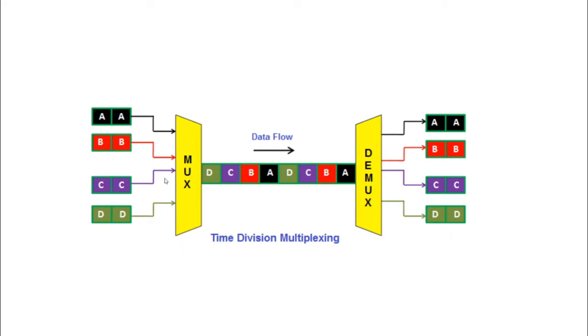What it does, in the first time interval it will allow A to pass. You can see this A is passing in the very first interval. In the next time interval B is allowed to send its data. Next C is allowed. Next D is allowed.